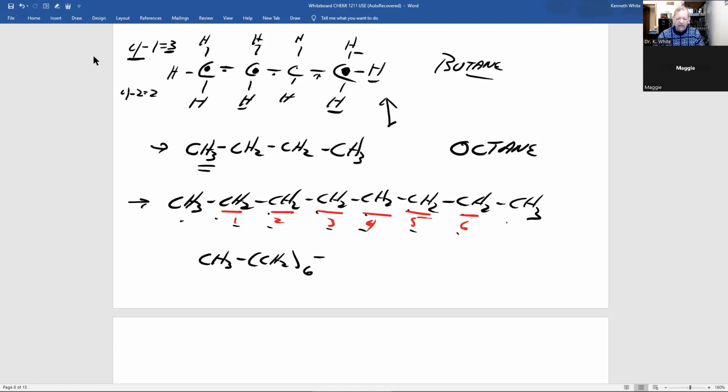And this is another way of doing that. Now, if you had 12 or 14 of those CH2s, and there are molecules like that, this is an easier way of doing it. You change the 6 to 12 or 14. This is the condensed form with parentheses. This is the condensed form. For my class, most of the time, and when I teach organic, I write it this way. There are other ways too.